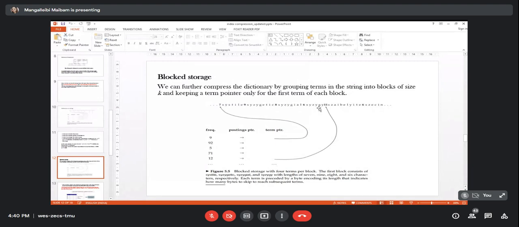Since the first block contains 4 terms, for the other words we are not going to put pointers.